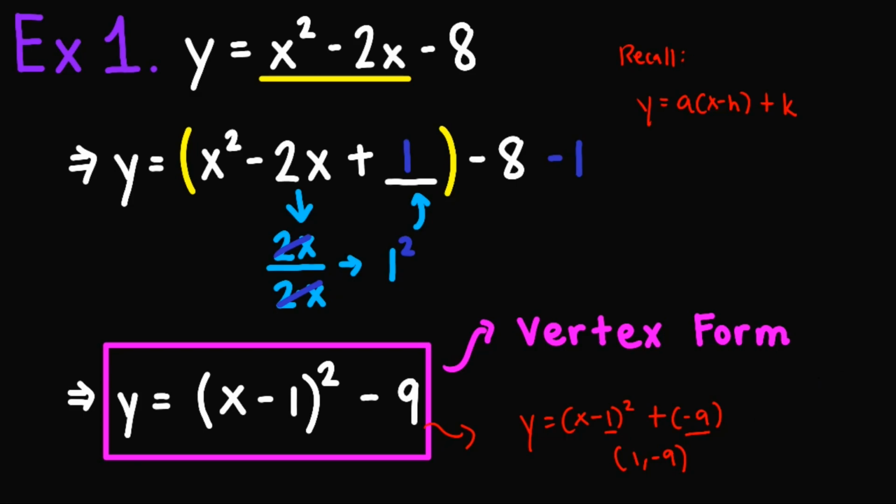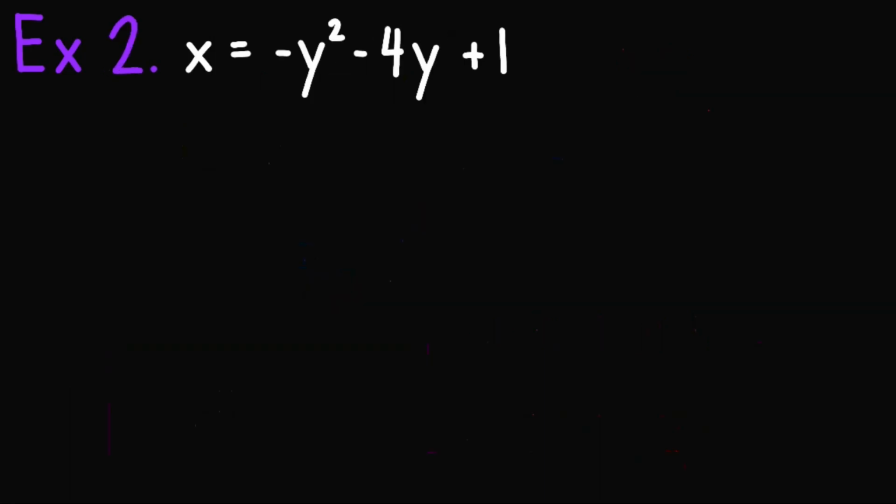And so that is the answer for our first example. I hope you got that one correctly. Now let's move on to the next example. Here, we are given x equals negative y squared minus 4y plus 1. Again, feel free to pause the video so that you may try this one first on your own.